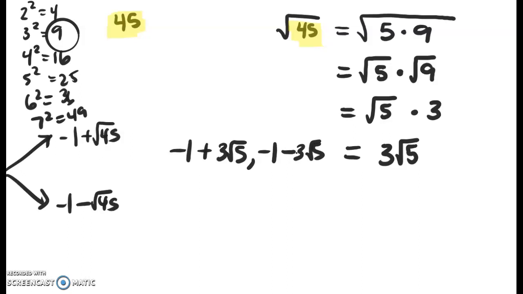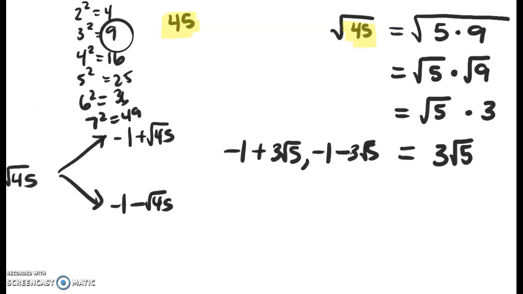Now you may say to me, well, how am I supposed to check this? You can take your calculator and check if you did this problem correctly by putting the decimal approximation in and seeing if you get a true statement with your original problem. So these are my two answers.